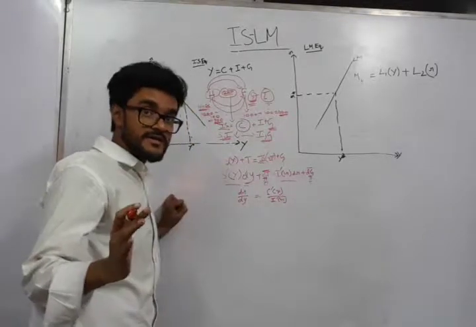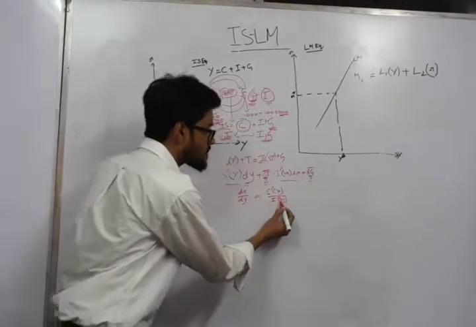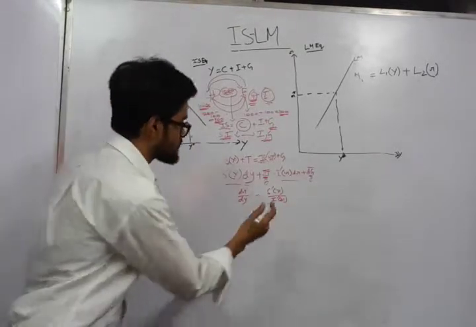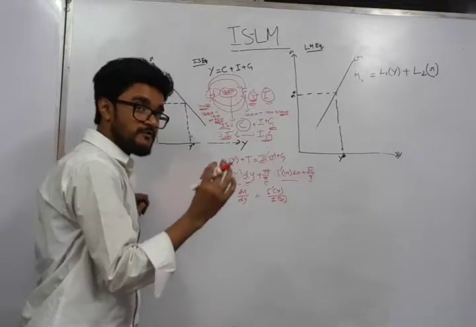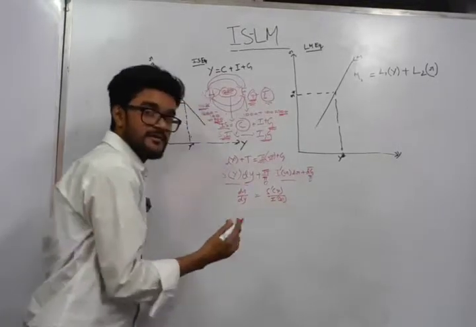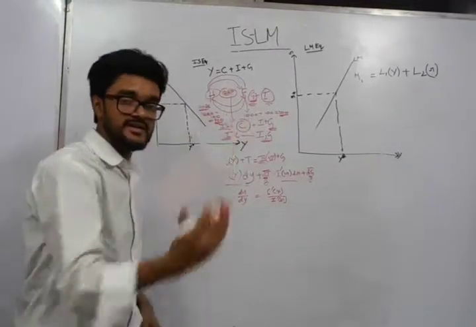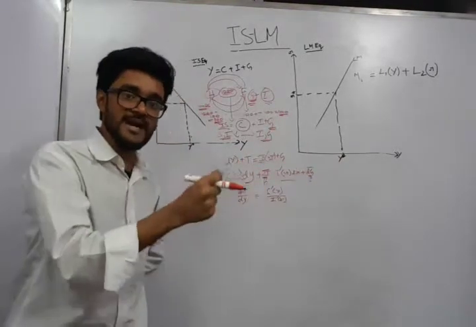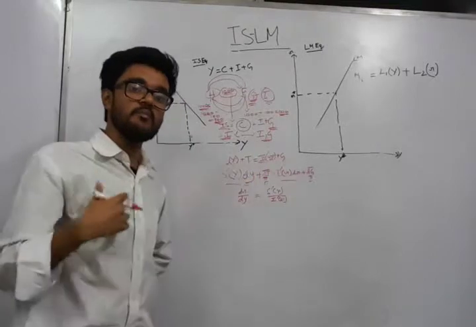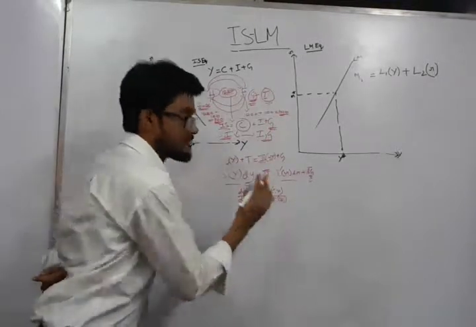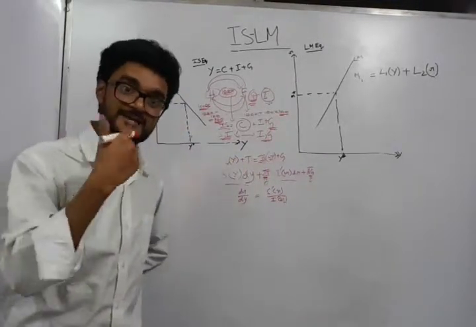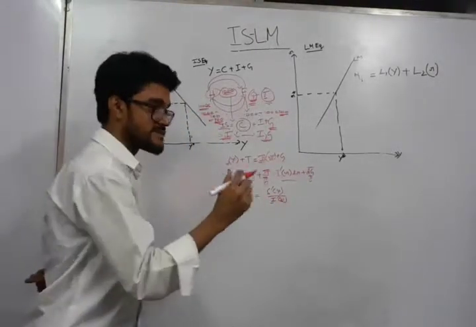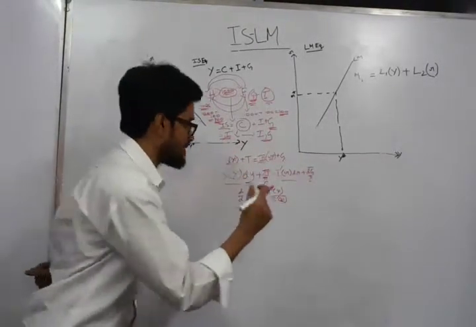The IS equation. Now we have already talked about the relationship between investment and interest rate. What's the relationship between R and I? We have already stated that it is negative. That is, when R increases, that is, the interest rate increases, the propensity to invest falls as the investor has to pay more interest on the investment they have taken from the bank as a loan.